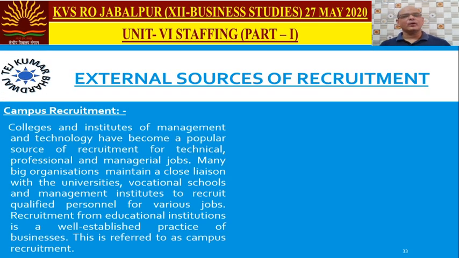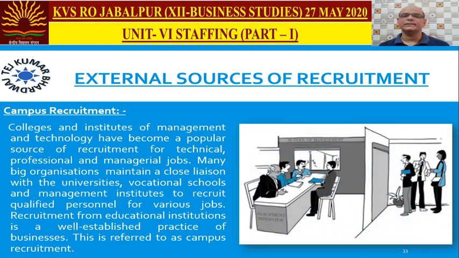Campus recruitment, you all are aware, companies go and visit the college and educational institutes, generally the professional course institutes, to recruit the people. If they find the suitable person, suitable employee, suitable candidate for their jobs, they then and there recruit them and appoint them. They give the placement letters then and there.